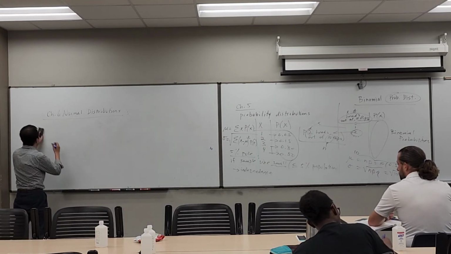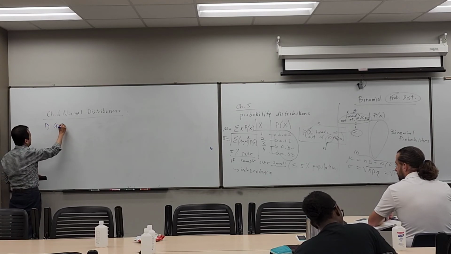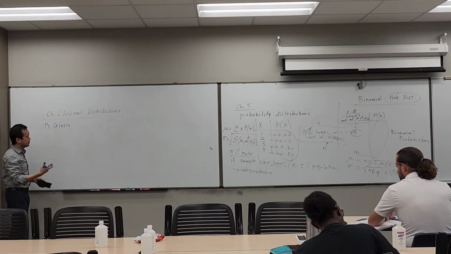So the first case is the simplest. It's given that the variable is normally distributed.